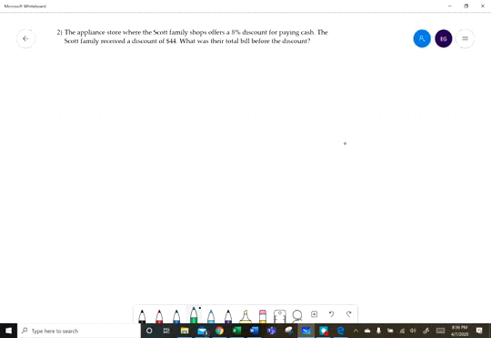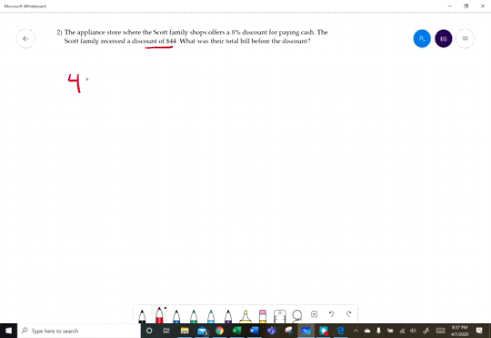The appliance store where the Scott family shops offers an 8% discount for paying cash. The Scott family received a discount of $44. What was their total bill before the discounts? Well, let's translate this into a more direct statement. So they received $44. Now, where did that come from?